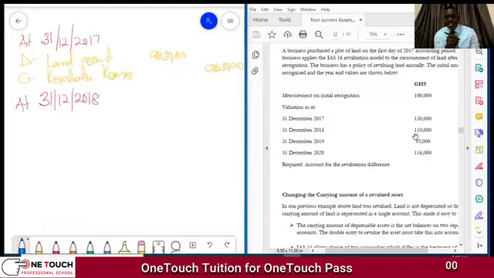What you are seeing here is that decrease of 20,000. Now, ordinarily, if it is the first time, we credit the asset and we debit P&L. But here, there's already a reserve of 30 on the revaluation of that same asset.